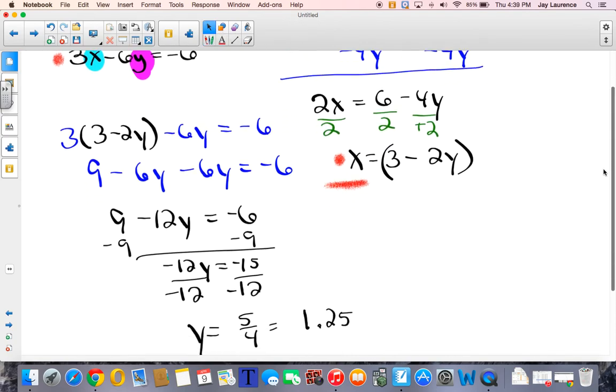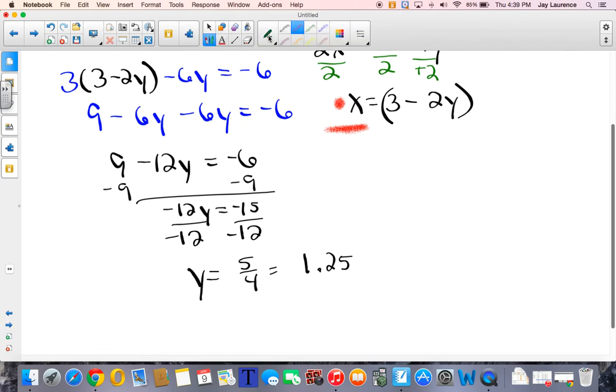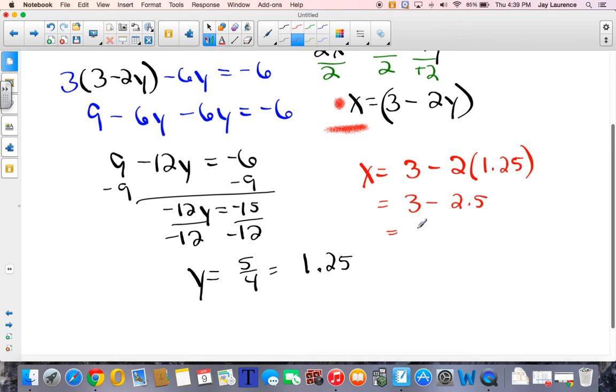So when I do that, I'm going to get x equal to 3 minus 2 times 1 1/4. Well, 3 minus 1 1/4 and 1 1/4 would be 2.50. This would be 1/2 or 0.5, right? So the place where these two lines cross is 0.5, 1 1/4.